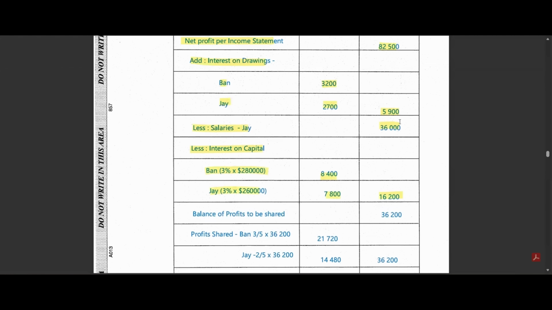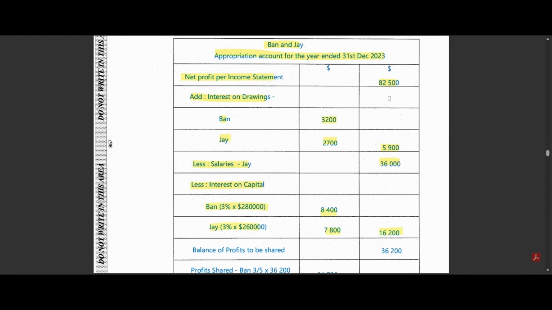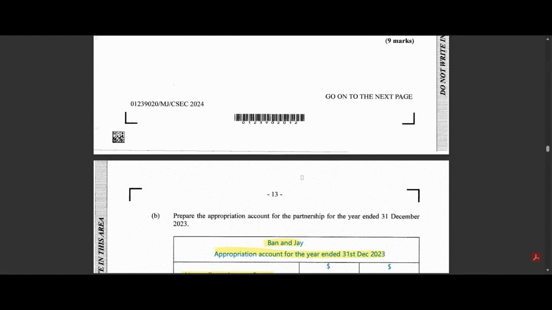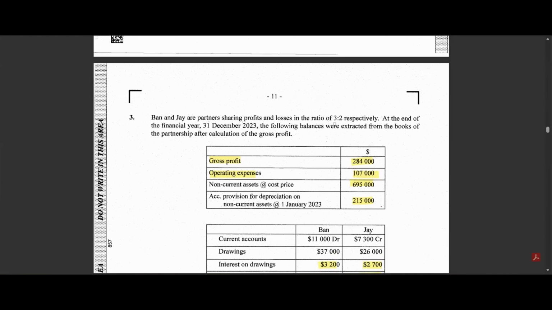Now guys, once you make all the adjustments: net profit, add your interest on drawings, subtract your salaries, subtract interest on capital, that will give us a balance of profit to share of 36,200. And the question specifically told us how we're going to share that profit, in the ratio 3:2.